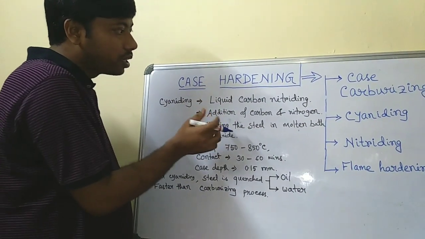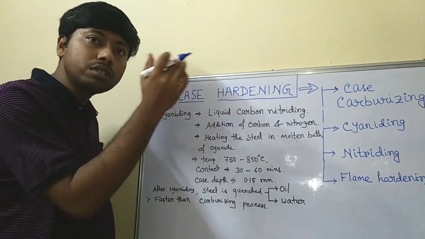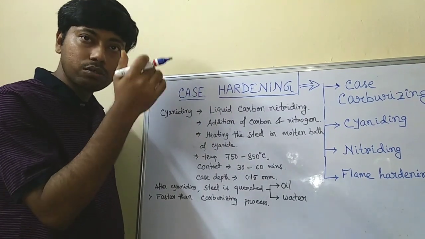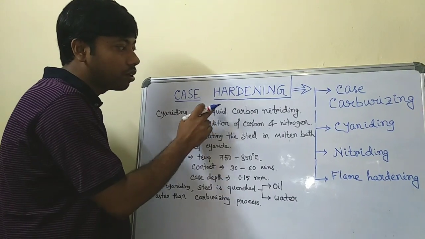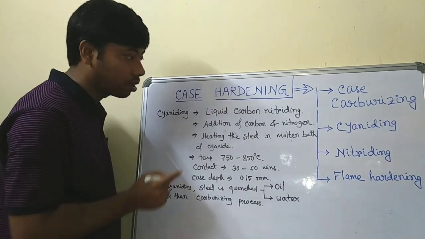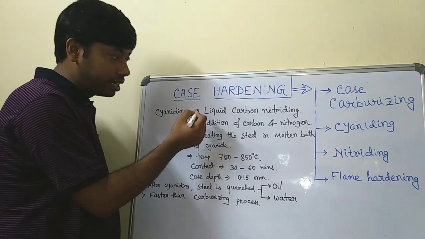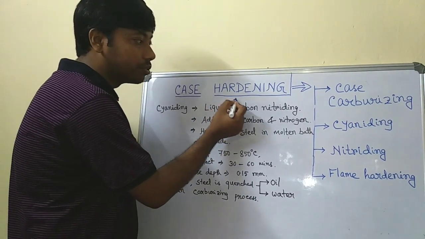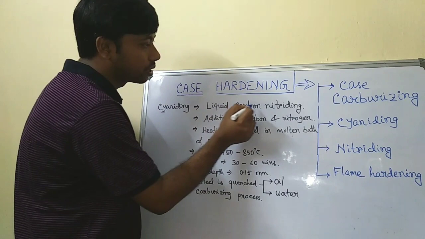Because carbon and nitrogen are both used to increase the hardness of the outer surface of the material, that's why it is sometimes also called liquid carbon nitride. And why is it liquid? It is liquid because the carbon and nitrogen are both in liquid condition. So that's why it is called liquid carbon nitride. Okay, so cyaniding is sometimes also called liquid carbon nitride.